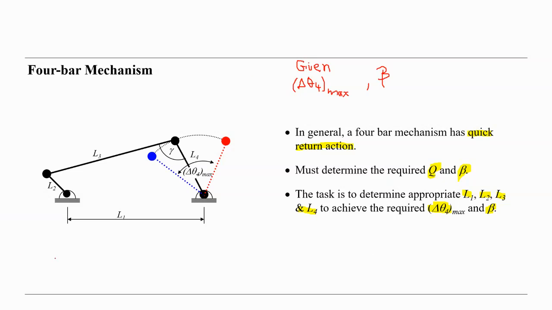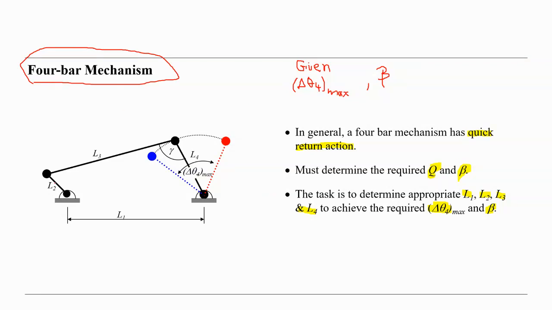So if the angle is required, then that means we need a 4-bar mechanism, a general 4-bar mechanism like this. If the stroke is required, then we need a crank slider mechanism. It's very clear, huh? to select the type of the mechanism.